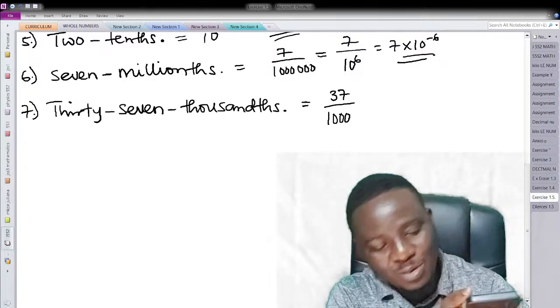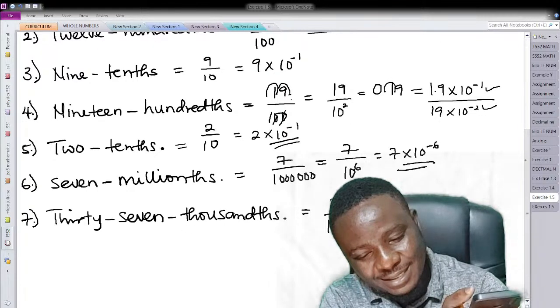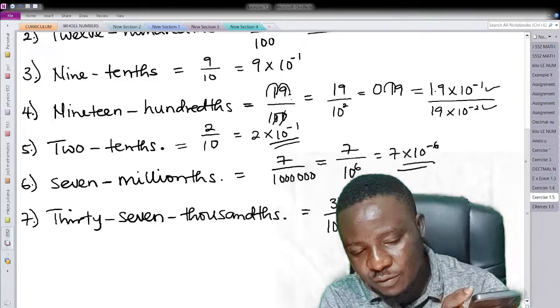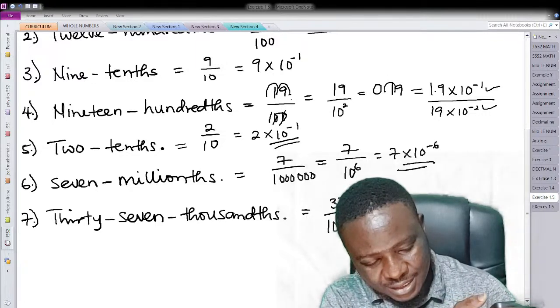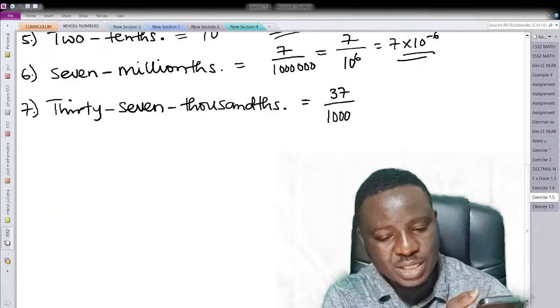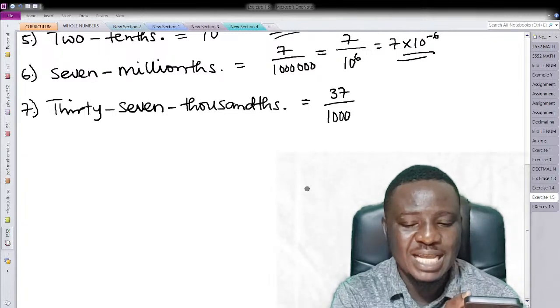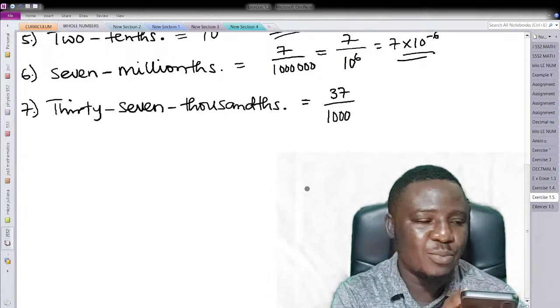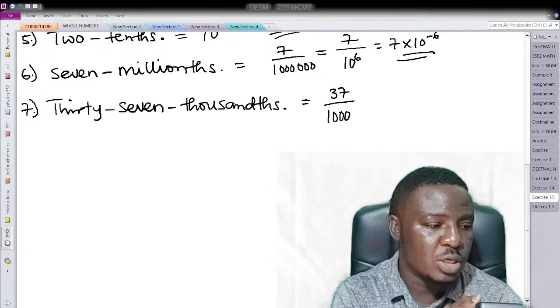Based on how I did question 4, if you can solve it using the steps I took, then I think you'll get it. Because you are going to express it as 3.7, no longer 37. Yeah, so let me see you do it.